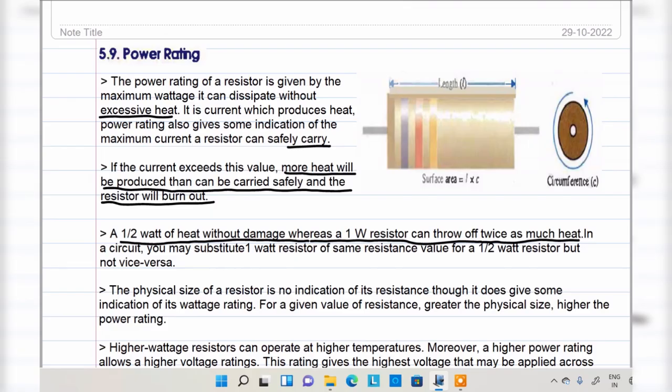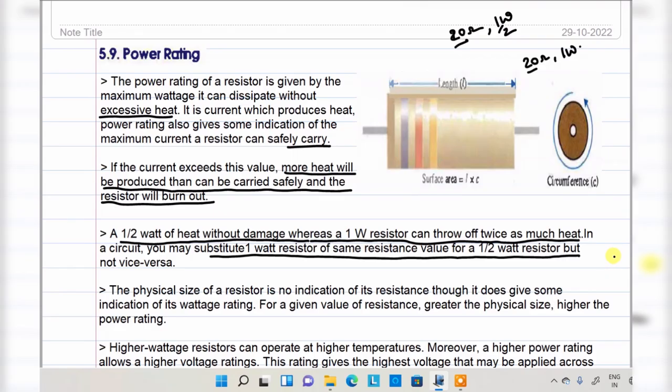It carries the power rating safely. But consider substituting a resistor of the same value with a different rating. For example, you want a resistance of 20 ohms. We have two resistors, a 20 ohm 1/2 watt resistor and a 20 ohm 1 watt resistor. The resistance is the same. Suppose the 20 ohm 1/2 watt resistor is not available in the market, but a 20 ohm 1 watt resistor is.